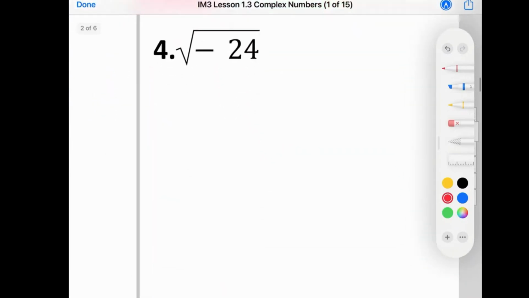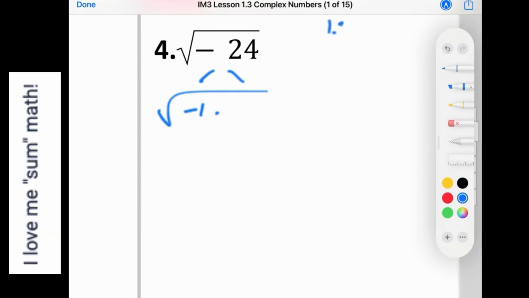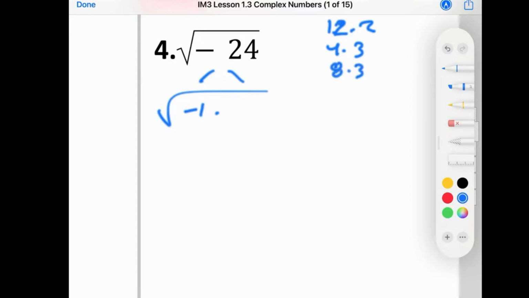Okay, question number 24. Let's factor out negative 1 times, what do you guys think? 12 times 2, that would work. You can list them all out if you want to. 4 times 3, 8 times 3, I can't multiply. 4 times 6. I like the 4 times 6.